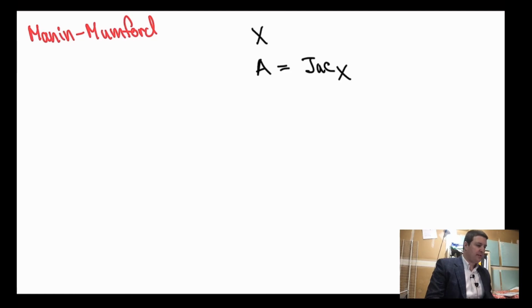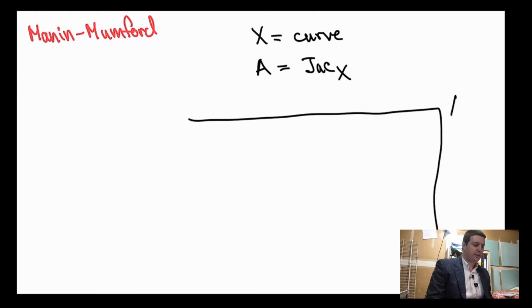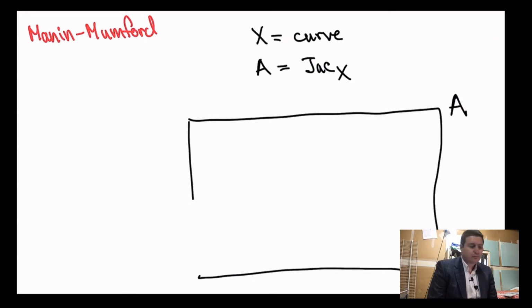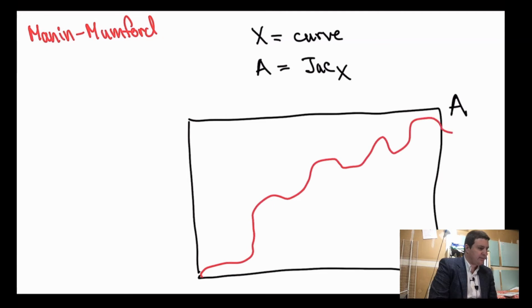In what follows, we're going to let A denote the Jacobian of X, and I'm going to draw the Jacobian like so. We're going to stick the curve inside of the Jacobian, like this. So here's the curve inside the Jacobian.